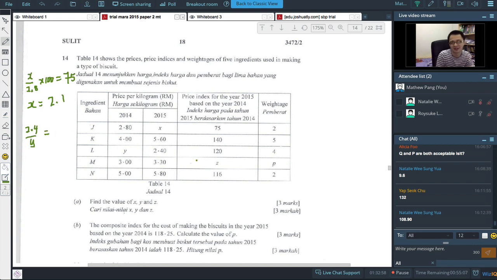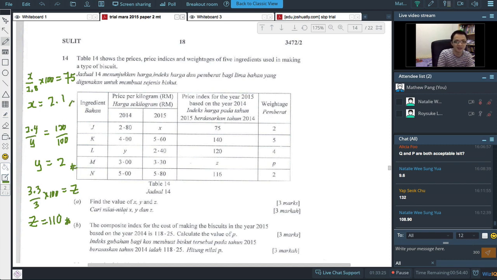I just move the 100 to the other side to save time. So basically y equals 2. Easy. And then z is 3.3 over 3 multiplied by 100 equals z. So this simplified is 110. Okay, then you get x, y, z.